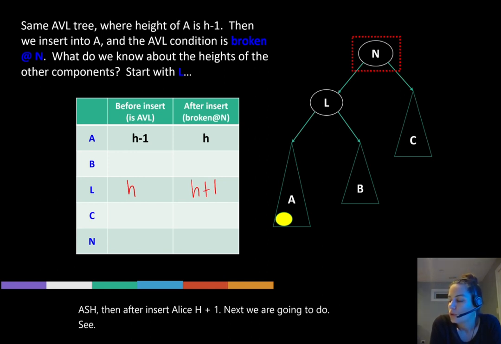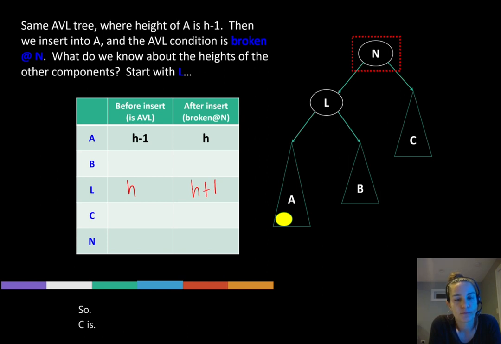C can be figured out based off of L. L is h before insert, right?